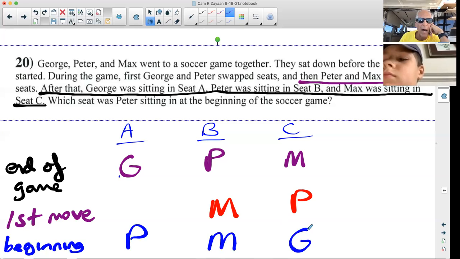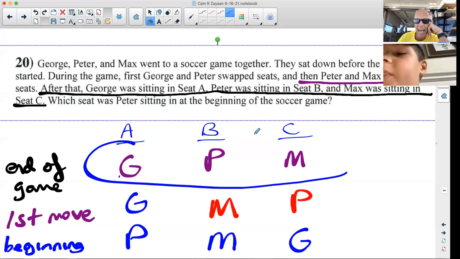Now, think about it. They sit down, okay? George and Peter swap seats. So the first thing that happens is that George is in A, Max is in B, Peter's in C. And then Peter and Max swap seats.